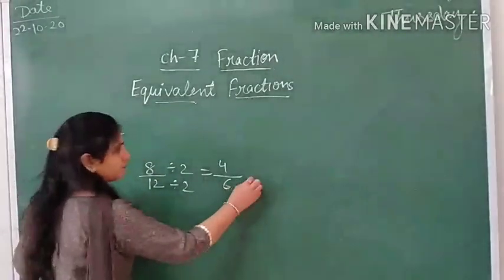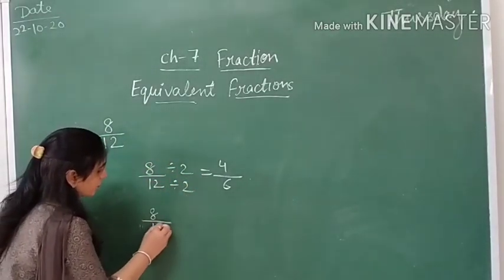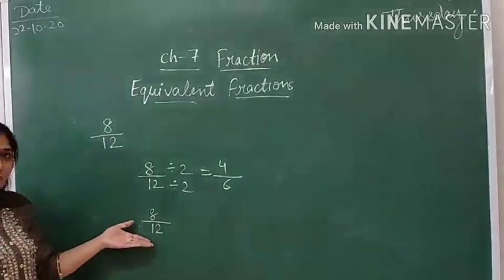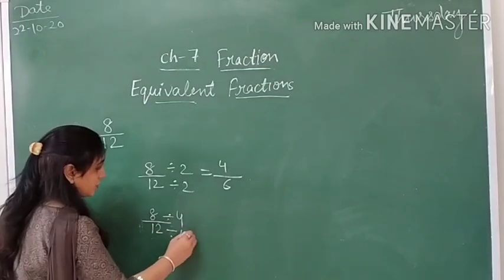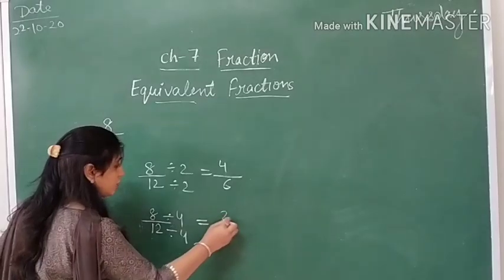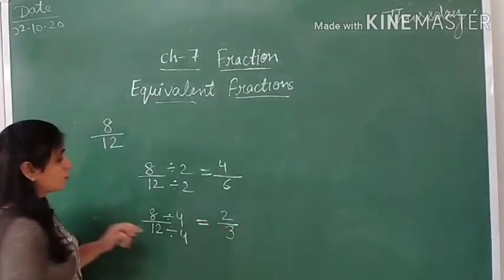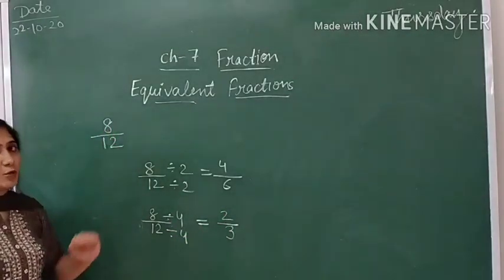You can divide 8 by 12 by 4 also, because 4 is also common. Now I am going to divide by 4. When I divide 8 by 4 I got 2, and when I divide 12 by 4 I got 3. So 2 by 3 is also equivalent to 8 by 12.